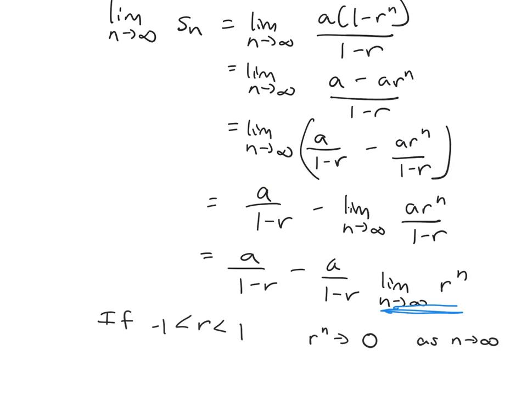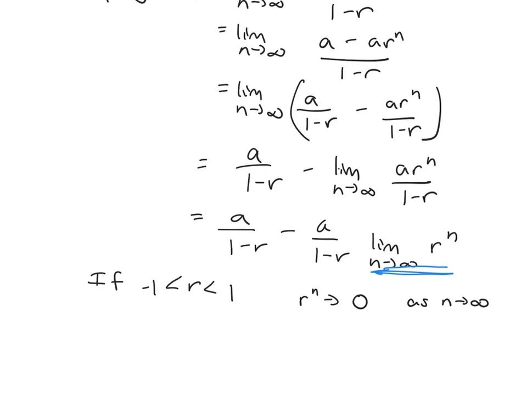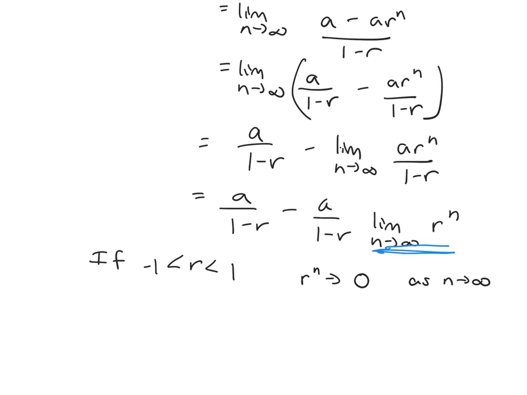And remember, we're still under the assumption r is not 1. So that's why I said between -1 and 1, not including 1. So that limit converges. I would get 0 for that limit.